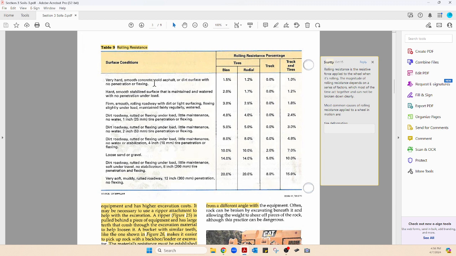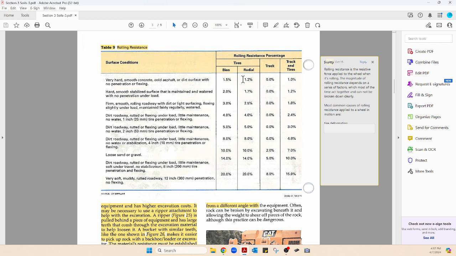If you're on very hard, smooth concrete, cold asphalt, or a dirt surface with no penetration, in other words, no sinking or flexing, and you have radial tires, your factor is 1.2%. In other words, it's whatever load you're carrying plus another 1.2% of that load.